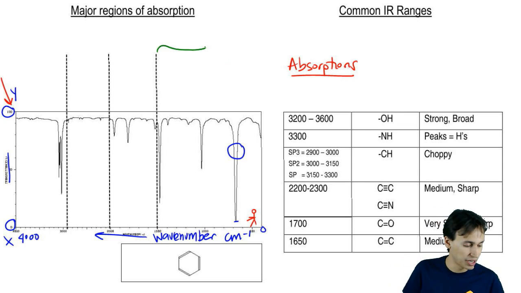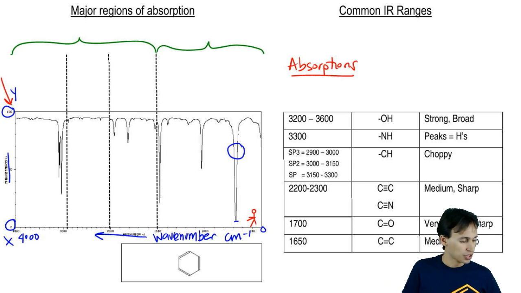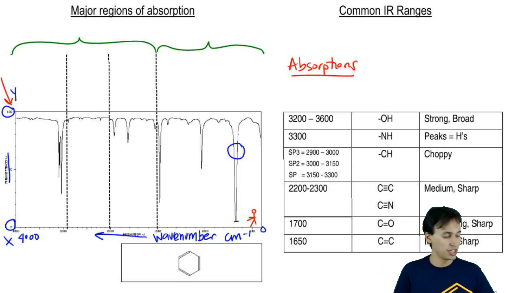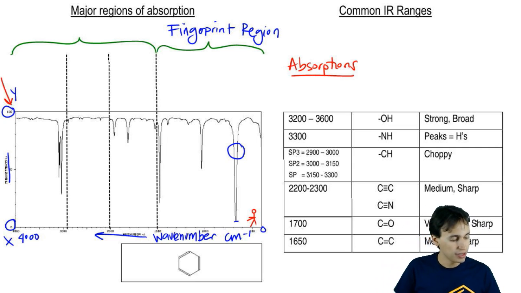So we're going to just separate it as the region below 1500 and the region above 1500, okay? The region below 1500 is what we call the fingerprint region, okay? Now, why do we call it that, okay?